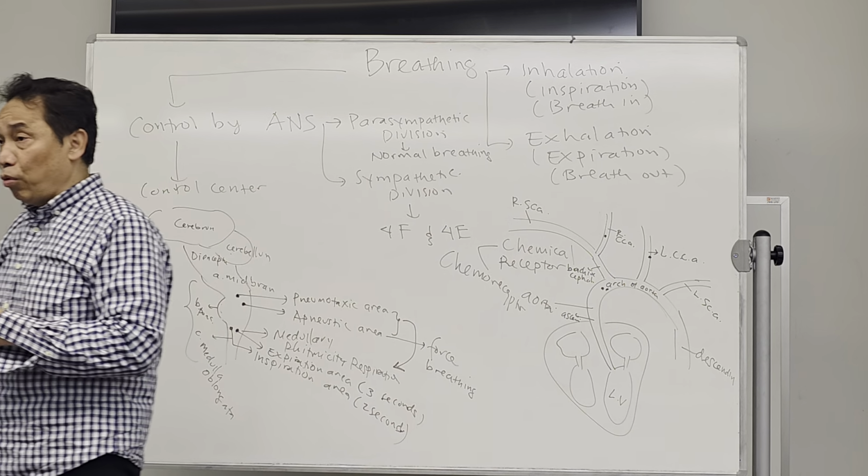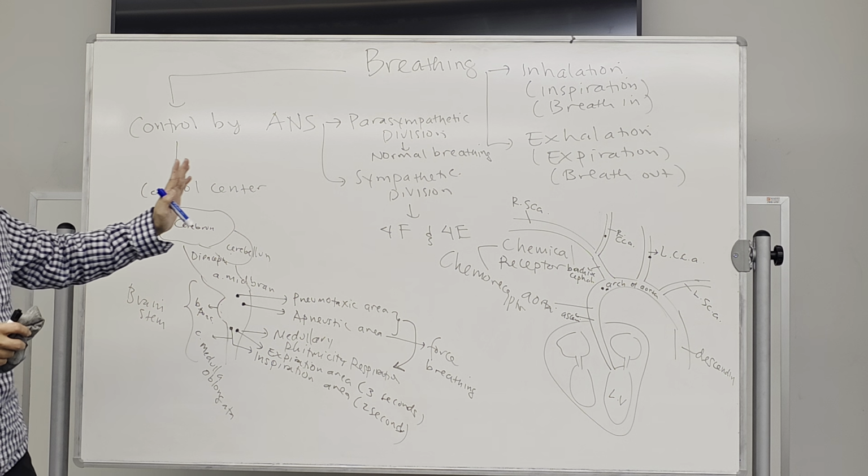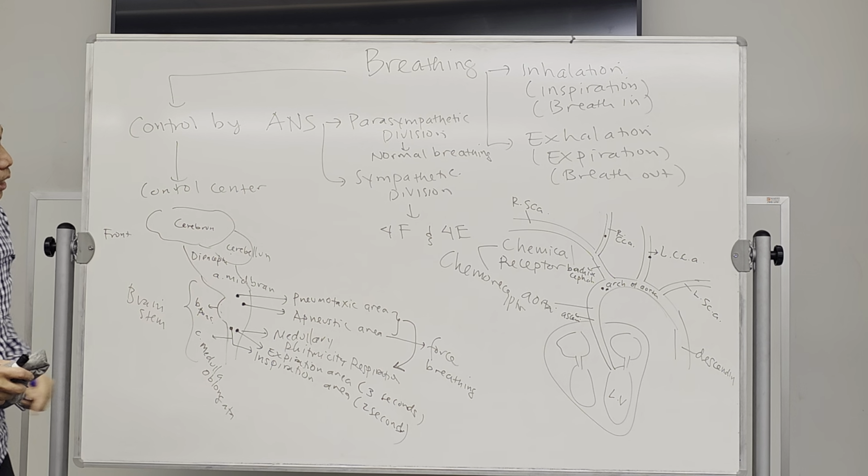So the blood vessel actually will tell us whether we need more oxygen or not. Again, they are located in the arch of the aorta and in the common carotid artery. If we don't have enough, then we might have a problem with our brain, maybe like a stroke and etc. Okay, so that's the chemoreceptor that will tell us whether we need more oxygen or not.